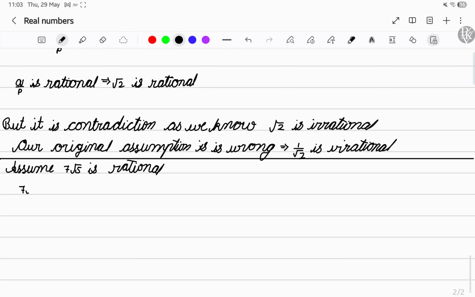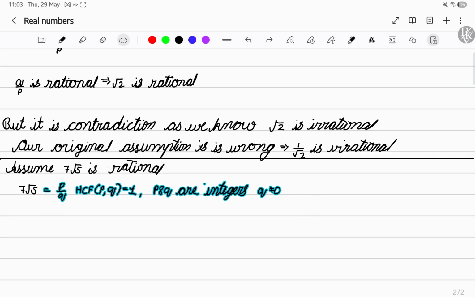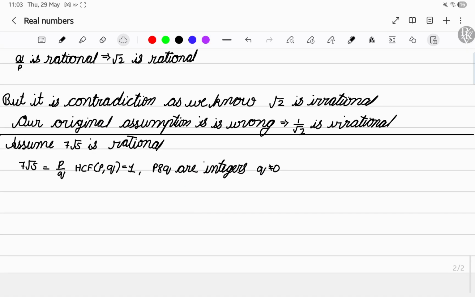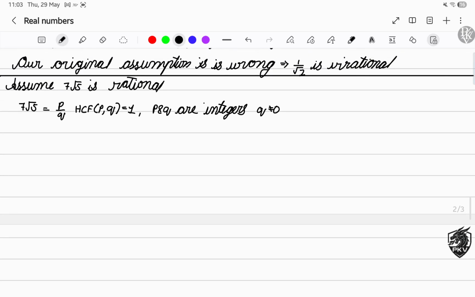We are saying that 7 root 5 can be expressed as P by Q and all the same things that we did before: HCF of P and Q is equal to 1, P and Q are integers and Q is not equal to 0. Now root 5 will be equal to P by 7Q, and if P by Q is rational, P by 7Q will definitely be rational.